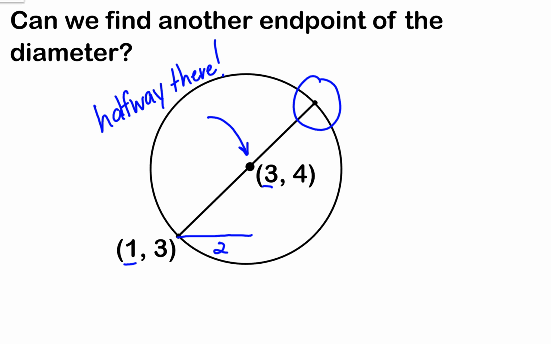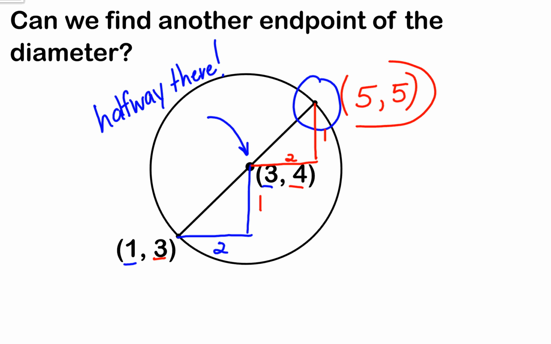So I know I moved to the right 2. Now I'm going to look at my y's. And I see that I increased by 1. So I know I need to go to the right 2 and increase my y by 1. So if my x increases by 2, it's going to be 3 plus 2, which is 5. And if my y increases by 1, it's going to be 4 plus 1, which is 5. So I just found the other endpoint of my circle.